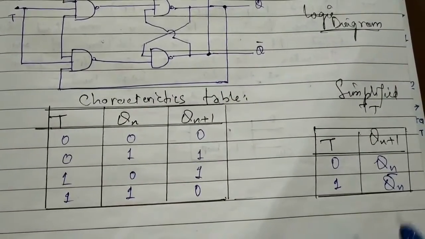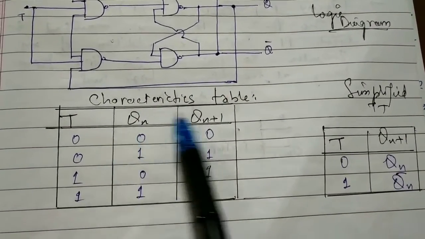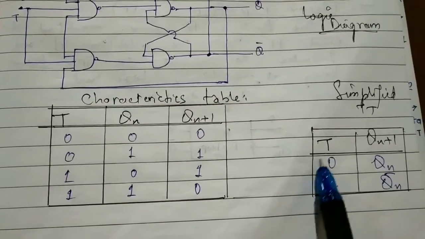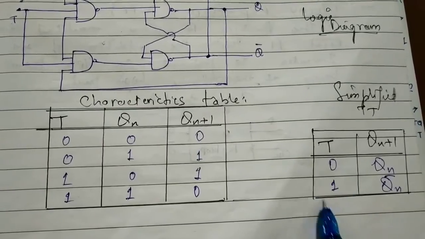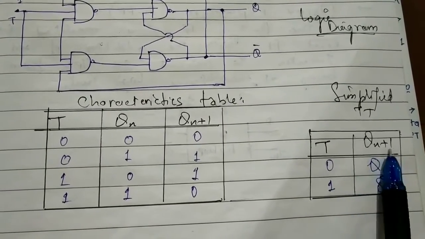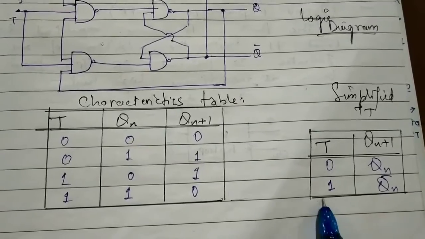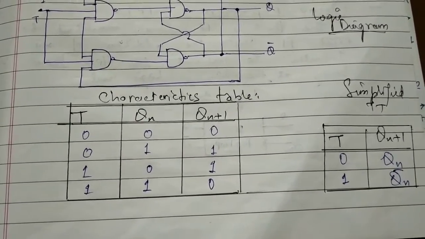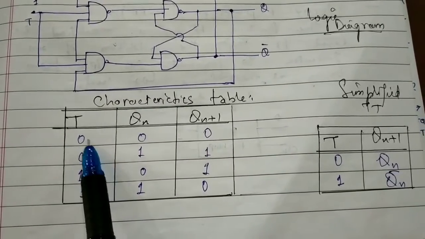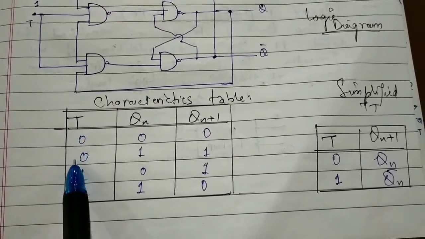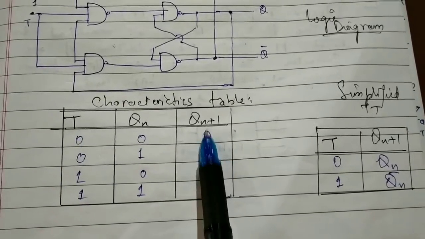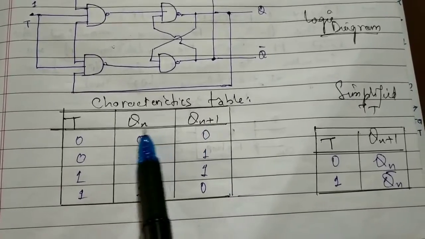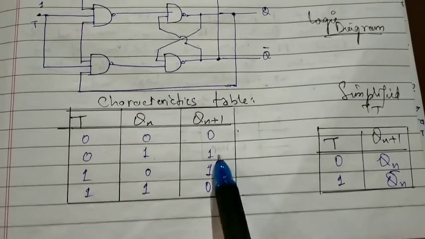We can also get the simplified truth table from the characteristic table itself. Here we have 2 combinations, 0 and 1. When the input T is equal to 0, Qn plus 1 is equal to Qn, which means for these 2 combinations, Qn plus 1 is equal to Qn, 0 stays 0 and 1 stays 1.